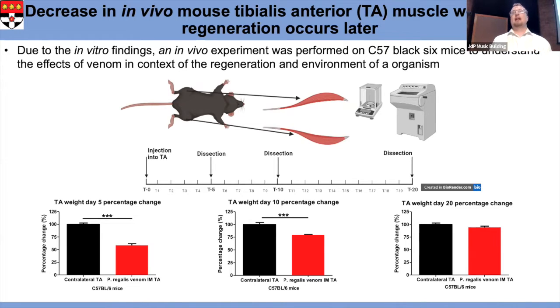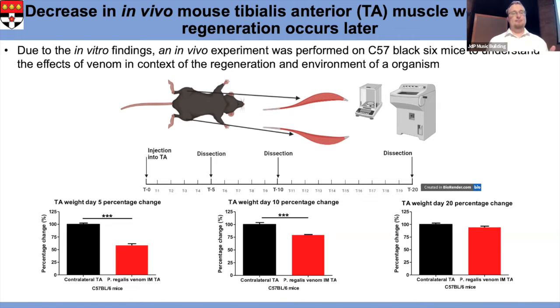the muscles were dissected at day 5, day 10, and day 20 for 3 different time points, and the muscles were weighed, and a significant decrease in muscle weight was seen in the injected muscle, which was injected with 25 micrograms per ml of the venom.